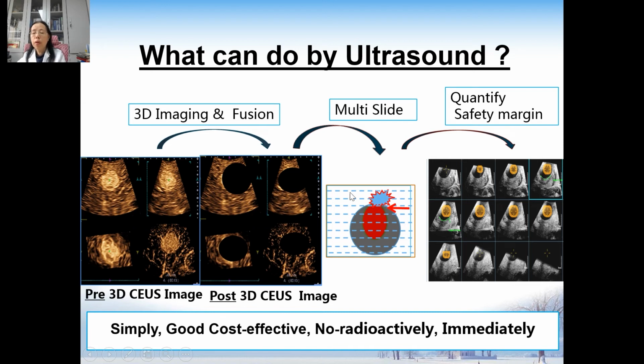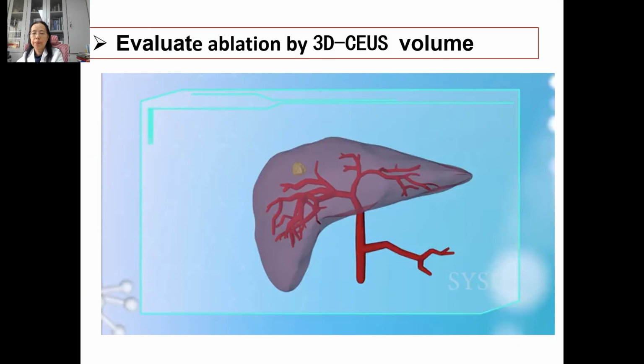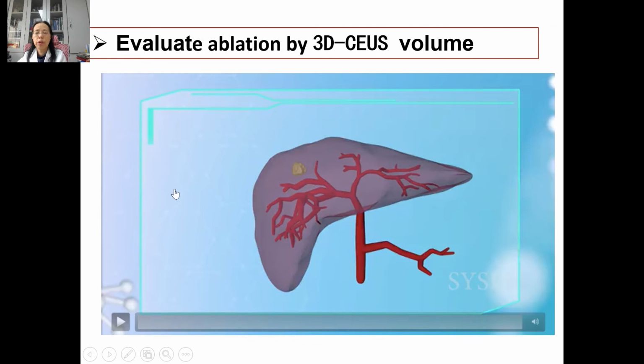You can also get a multi-slice view in this picture to see any direction and measure the safety margin anywhere. It's simple, cost effective, and low radiation, and we can do it immediately after ablation. Here is a video of how to image the ablation by 3D volume.